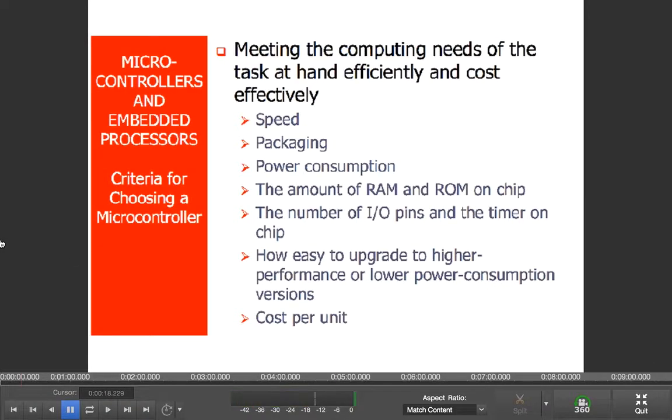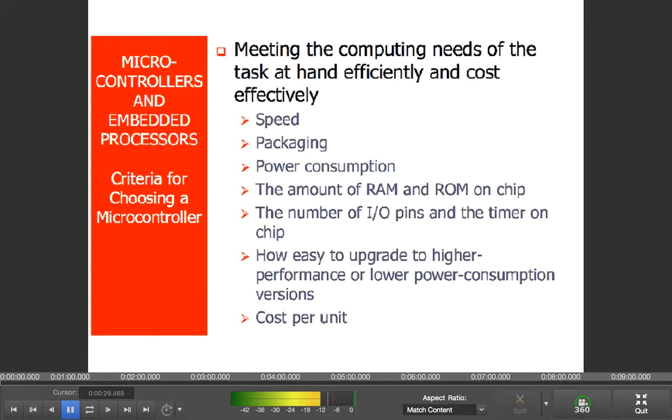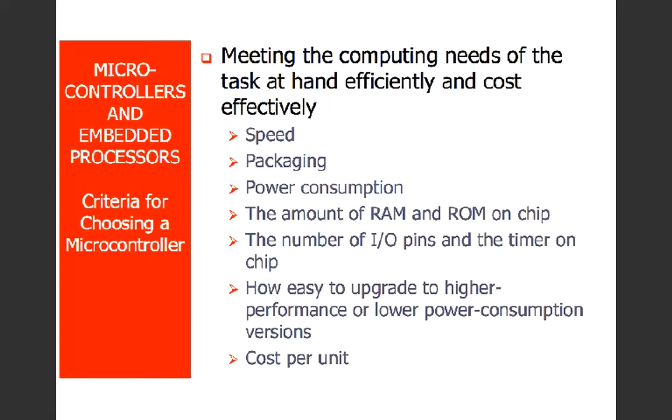The criteria for choosing a microcontroller are meeting the computing needs of the task at hand efficiently and cost-effectively: speed, packaging, power consumption, the amount of RAM and ROM on chip, the number of I/O pins, and the timers on chip, how easy it is to upgrade to higher performance or lower power consumption versions, and cost per unit.